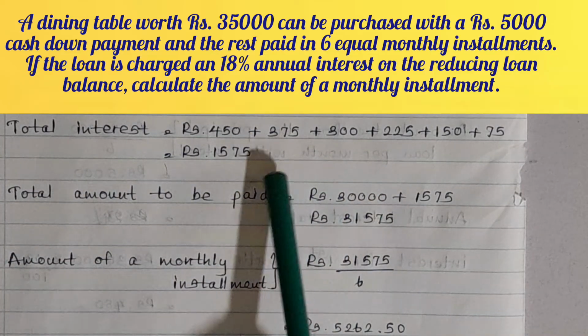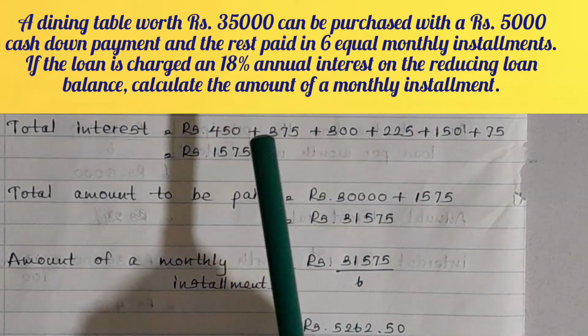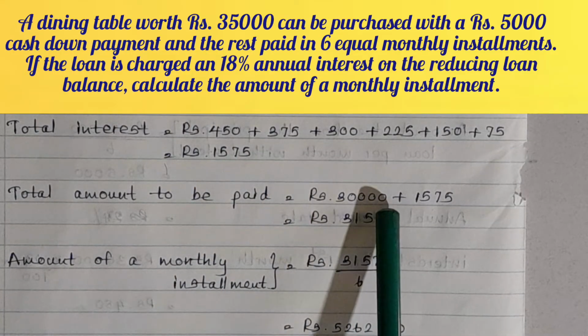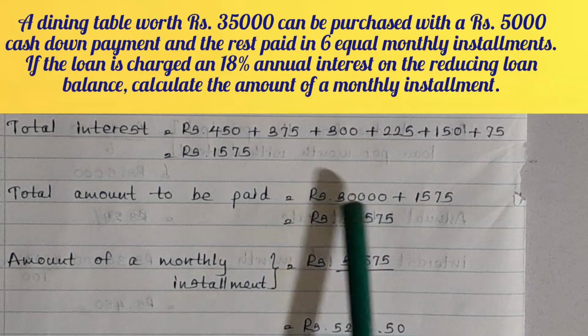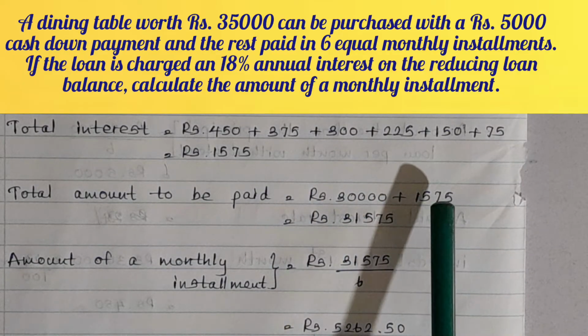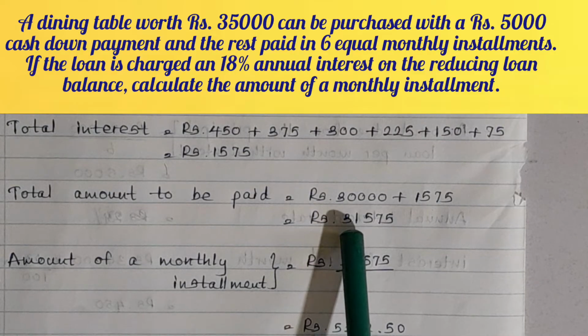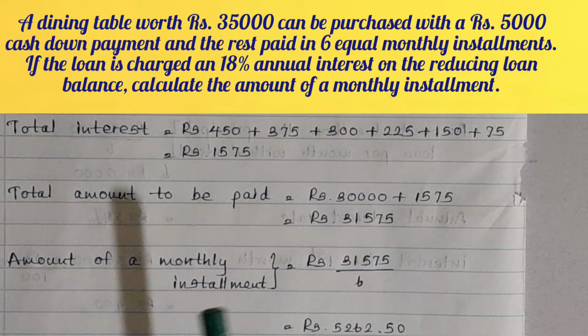Then total amount to be paid. We have to add this total interest to the previous loan we have taken. That means the outstanding balance, 30,000 rupees plus 1575, that is 31,575.